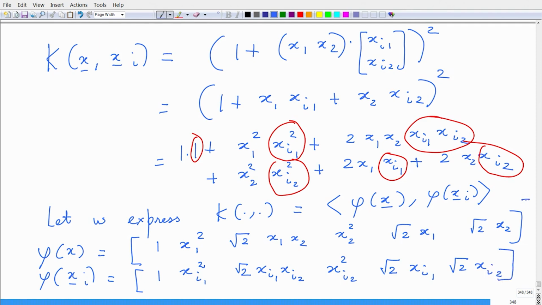So I can put a transpose here to make sure everything is right. Now, phi of x times phi of xi, or the inner product between phi of x and phi of xi, can give me k, right. Phi of x transpose times phi of xi gives me this kernel.